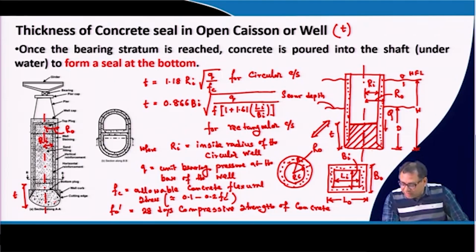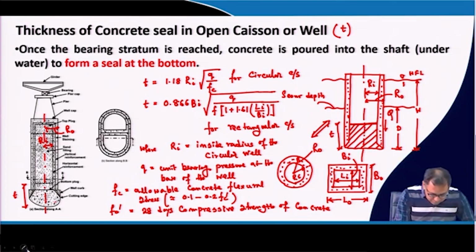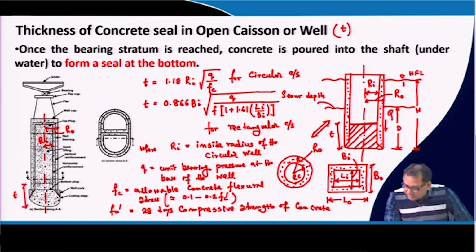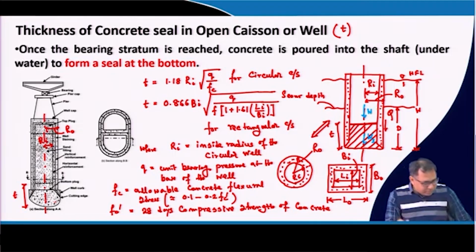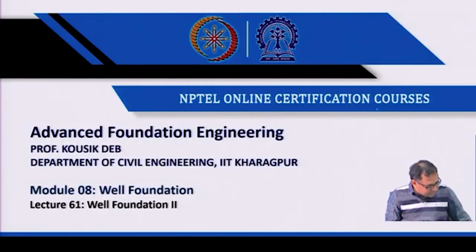Now, the weight of the seal will act in the downward direction, and there will be a weight of the well, which will also act in the downward direction.